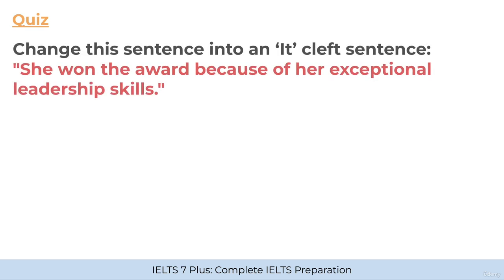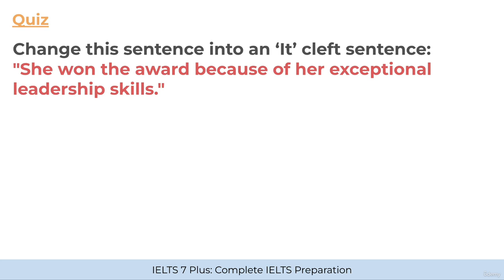Okay, so change the sentence into an it cleft sentence. She won the award because of her exceptional leadership skills. Oh, so, okay, thinking about emphasis, that's what clefts are all focusing on. So we want to highlight her exceptional skills and maybe switch it around so we could put that first, perhaps with the it cleft.